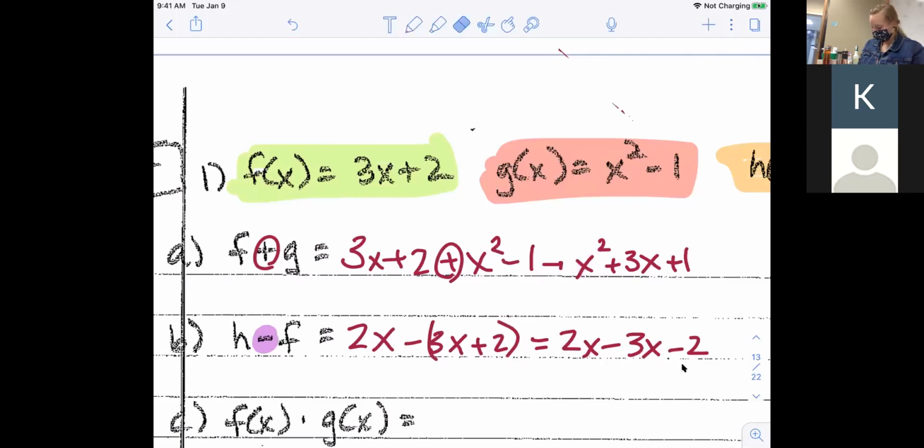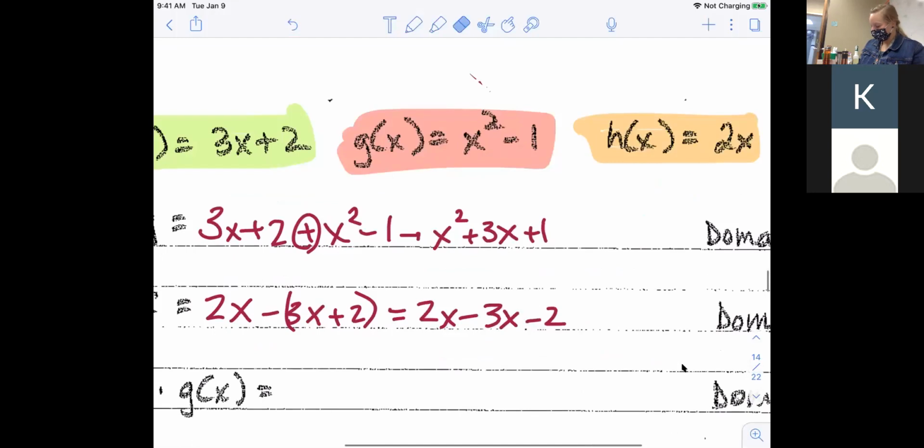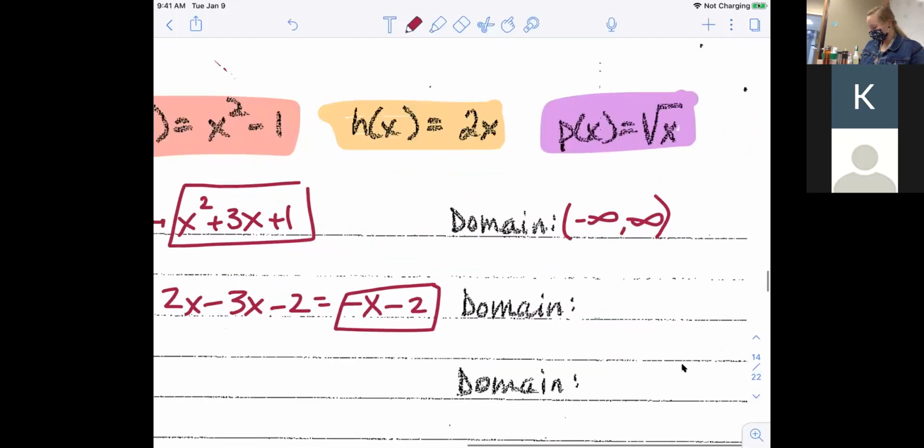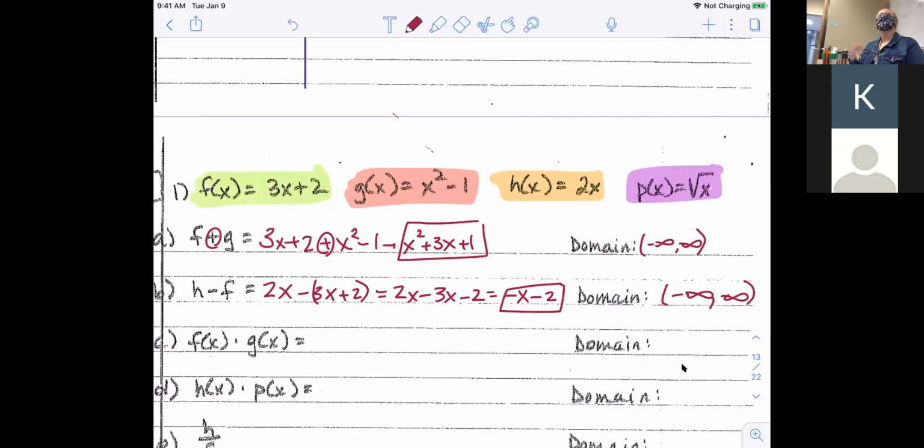You're welcome. So now I can simplify that to be negative x minus 2. Is there any problem with that? Nope, all real numbers. Remember what causes problems in domain? Holes, and what makes a hole? A fraction.